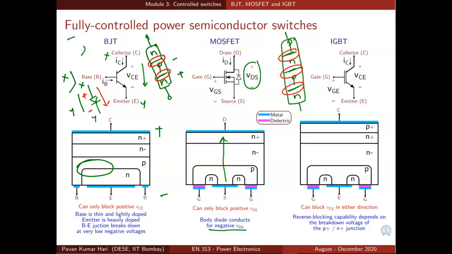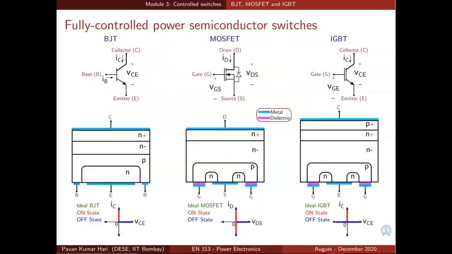Yes, theoretically it is true, but in practice, because of various device design trade-offs, the P-type and N-type regions have to be heavily doped, this P plus and N plus. So the reverse blocking capability depends on the breakdown voltage of this P plus N plus junction. It's not always true that if an IGBT is blocking 1000 volts in one direction, it will also be able to block 1000 volts in the other direction. Theoretically, it seems that it should be true, but it is not so in reality.